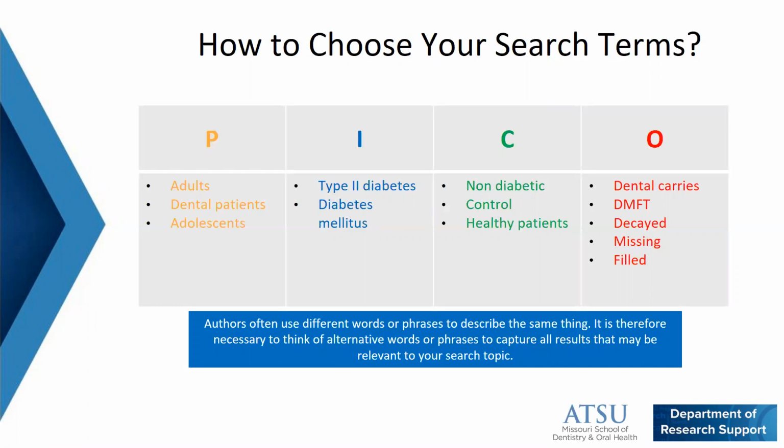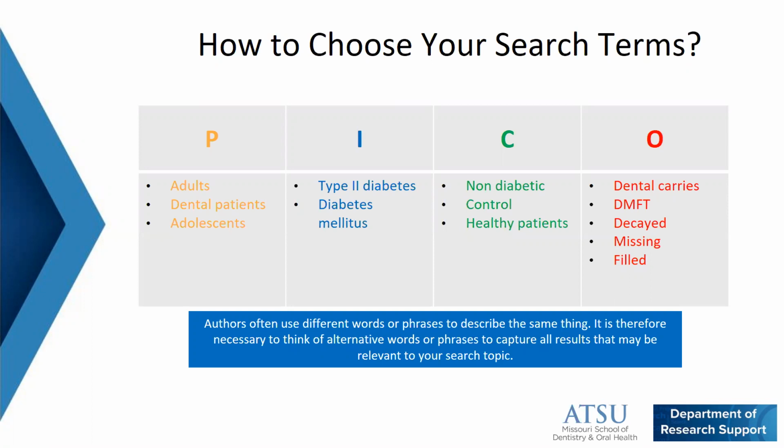So now, at this point, we have a clear understanding of a focused research question. And now let's see how this knowledge can help us with literature review. So once the precise PICO question is developed, we will choose our search term. For each component of PICO, look for all alternative words or phrases.